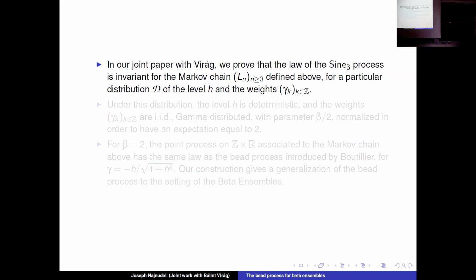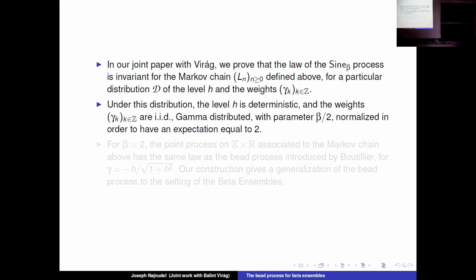So in our joint paper with Malin, we prove that the law of the sine beta process is invariant for the Markov chain if we take a particular level h and particular weights. So we have to choose the weights suitably. Under this distribution, the level h is deterministic, and the weights gamma are IID gamma distributed with parameter beta over 2, in order to have an expectation equal to 2.